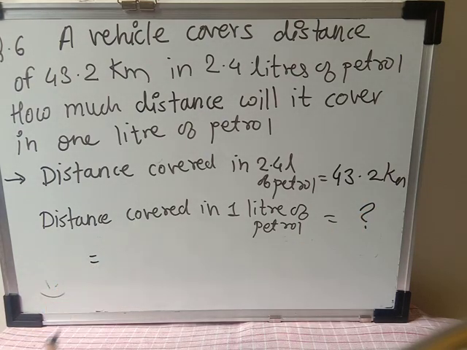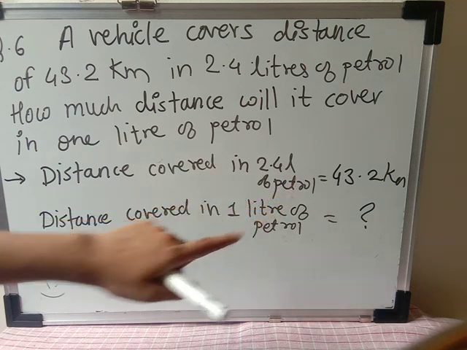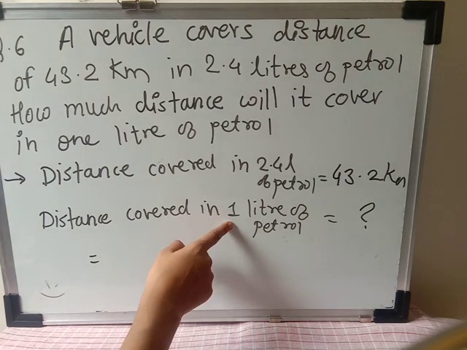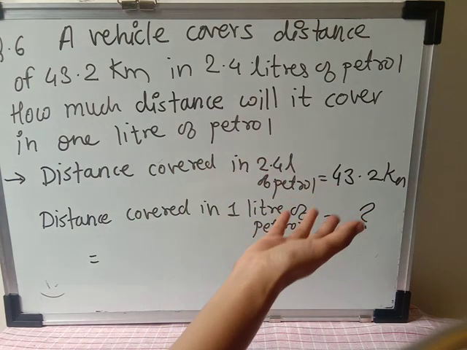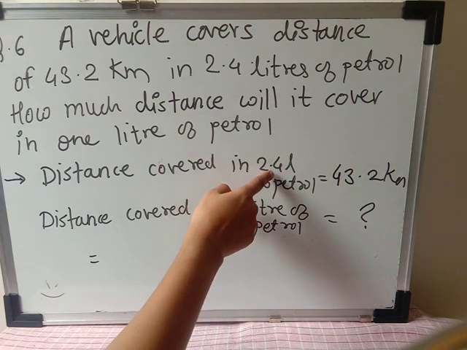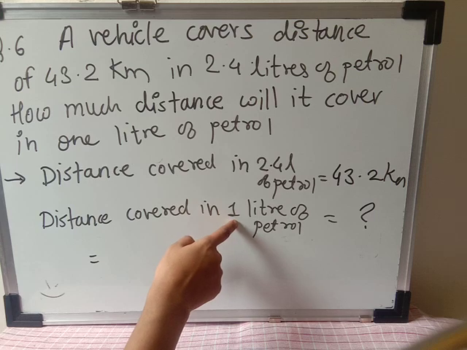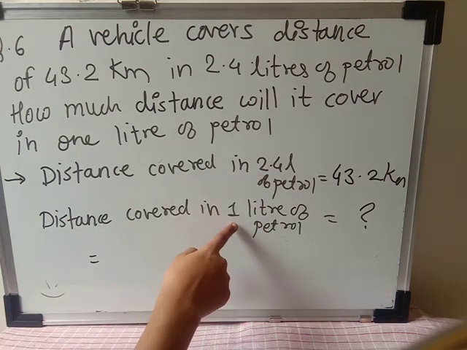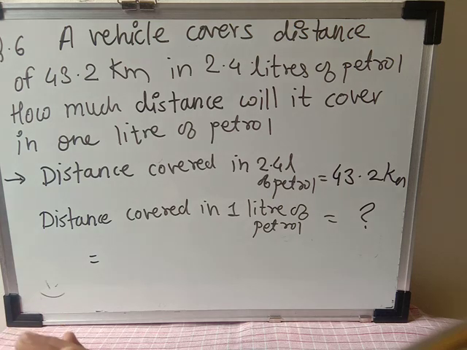So what we have to do, we have to divide them. So student, I told you, you have learned in your previous session, whenever we have to find out the value of less number, so 2.4 already they have given, the distance of that liter of petrol, but here the 1 liter is less than 2.4. So whenever we are finding the value of less number, we always do the division.